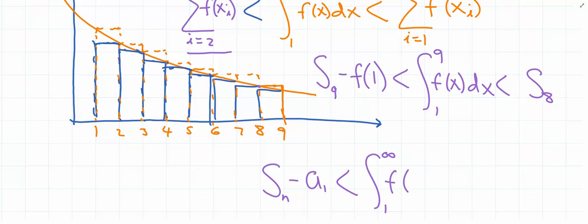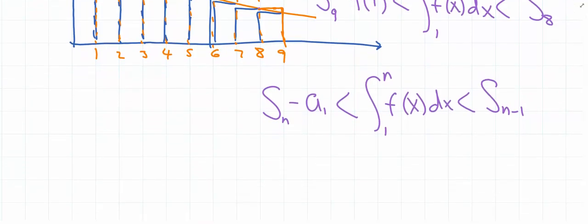Let me go n. Okay, so what would this one be over here? This s sub n minus 1, right? Okay, does everybody see that?